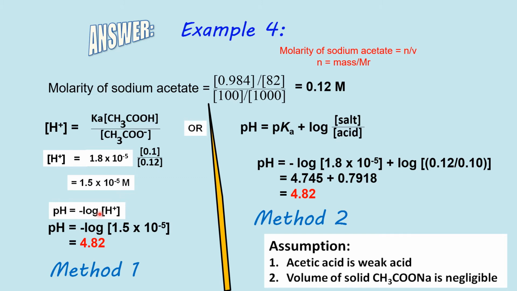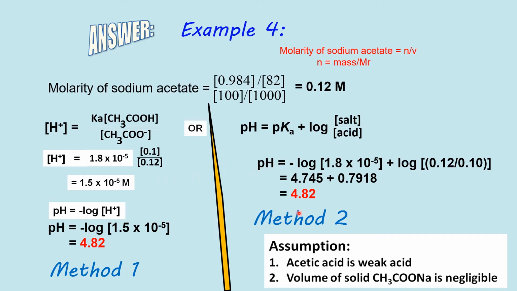So pH equals negative log of the concentration, and then we get 4.82. Or we straight away write down the Henderson-Hasselbalch equation and substitute everything, and then we get pH equal to 4.82. So it depends on you, both methods are acceptable.